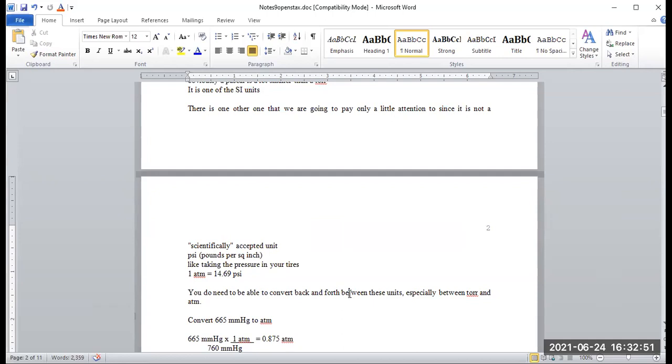Think about this in terms of the fact that we have several miles worth of atmosphere above us. And even though we don't tend to think of it on a daily basis, air has weight.